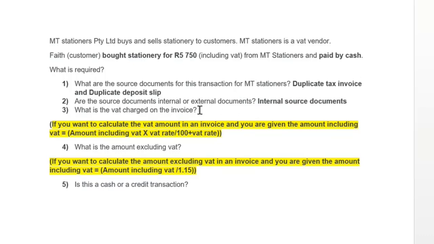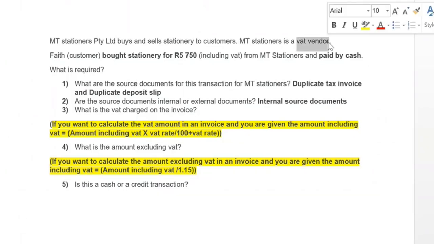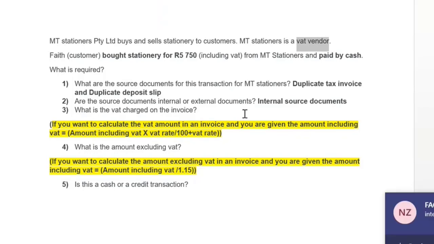My other question is, what is the VAT charged on the invoice? So remember, this is a VAT vendor. MT Stationers is registered for VAT. Yes, Nsuku, it's an internal source document.